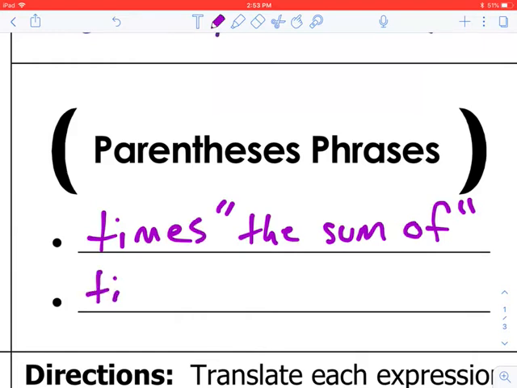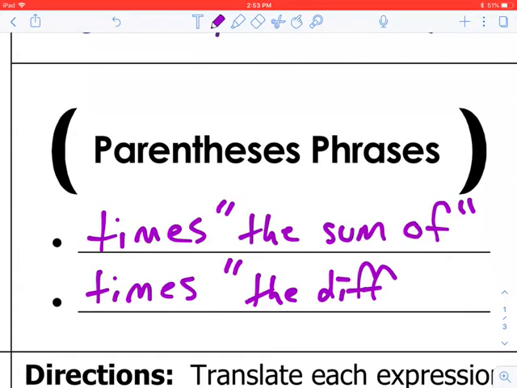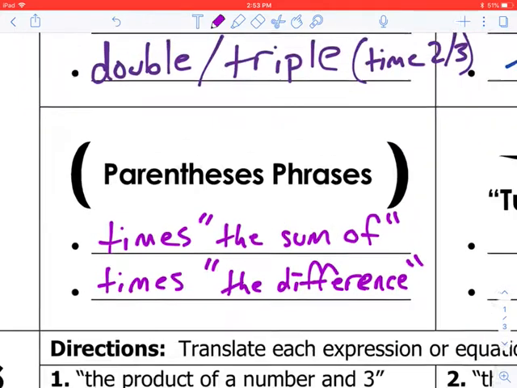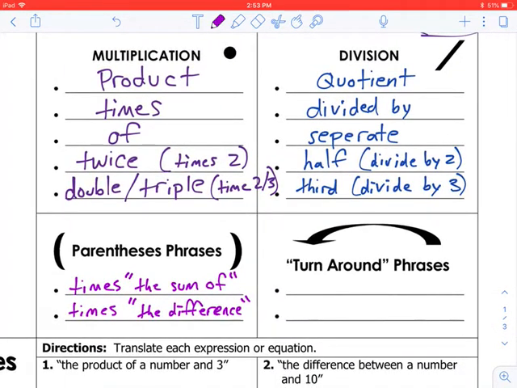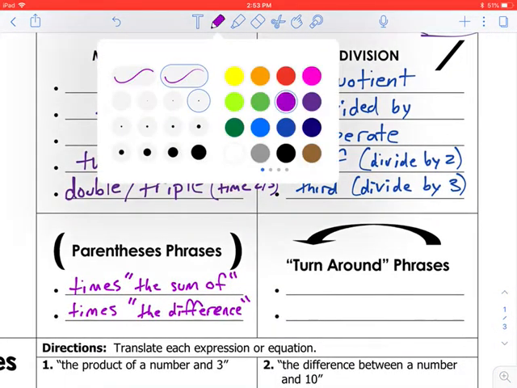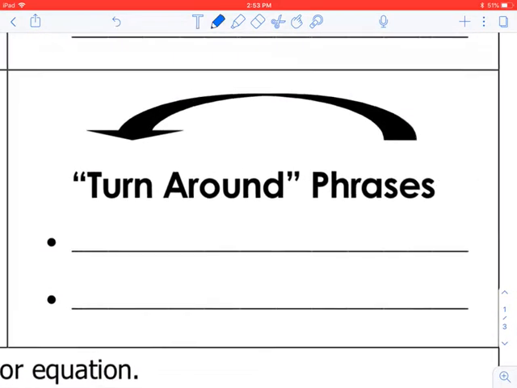Times the difference. When you multiply by the sum or multiply by the difference, you're going to have to distribute, something like that.